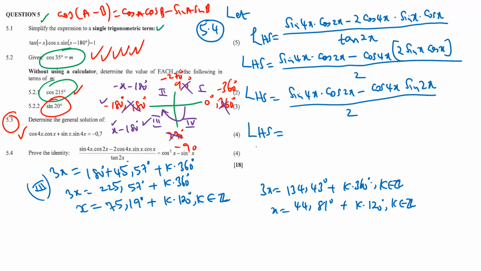So now we have this, and this is exactly the sine of 4x minus 2x.